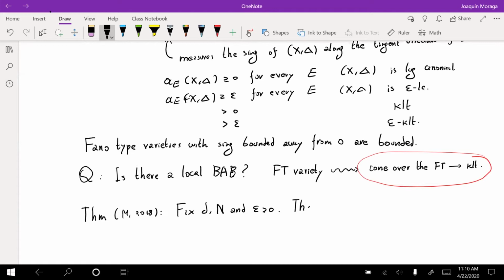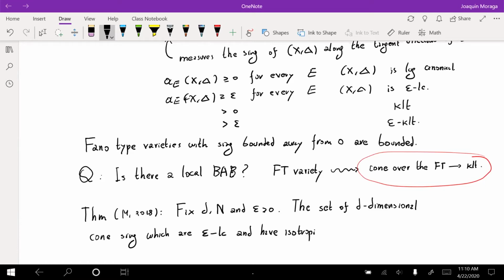So the set of d-dimensional cone singularities with isotropies which are epsilon-log canonical and have isotropies bounded by N is bounded. Okay, so let me explain to you the statement.